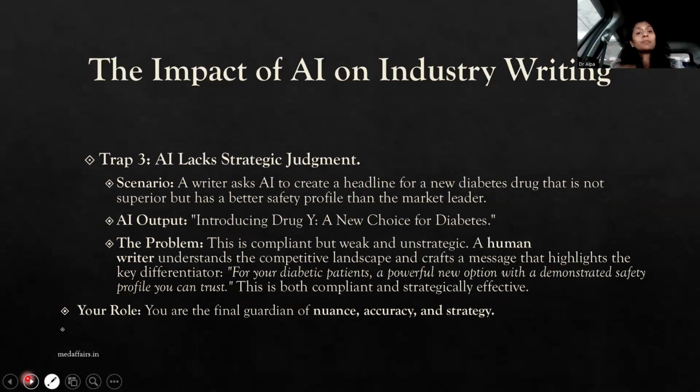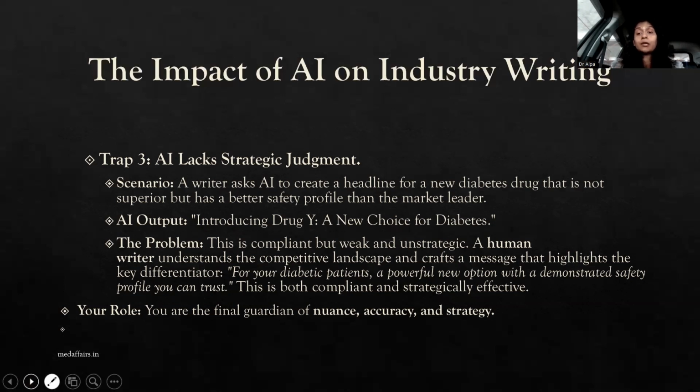Coming to the third trap, AI lacks strategic judgment. For example, a writer asks AI to create a headline for a new diabetes drug that is not superior but has a better safety profile than the market leader. So what exactly should be written? It is not superior. Efficacy wise, it is not better than the other alternatives. But there is a chance that AI may mix up between superior and a better safety profile, and it can simply introduce the new drug as a new choice for diabetes.